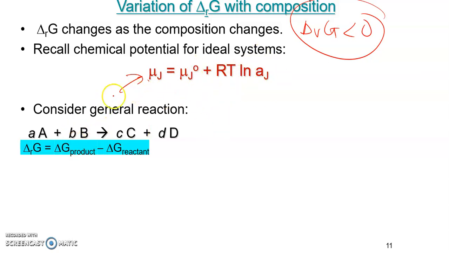So if we consider this equation where we have a reactant and also a product, delta Rg equals delta G product minus delta G reactant. So for product and reactants, each one is our composition.